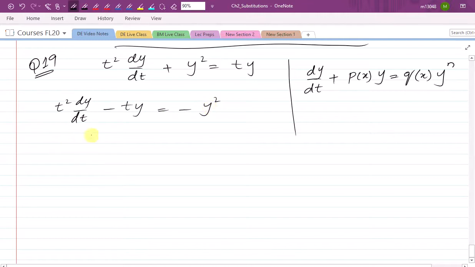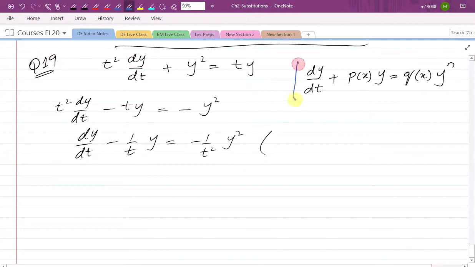And then we divide by t square: dy by dt minus 1 over t y equals minus 1 over t square y square. In this step we divide by t square.